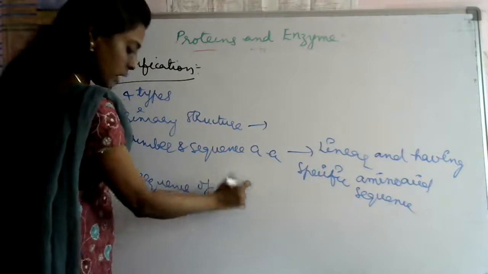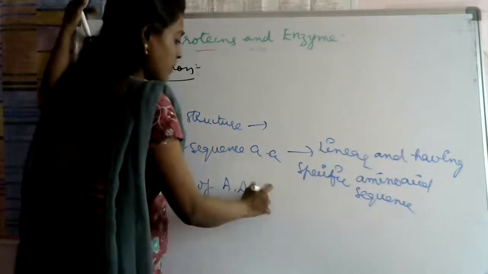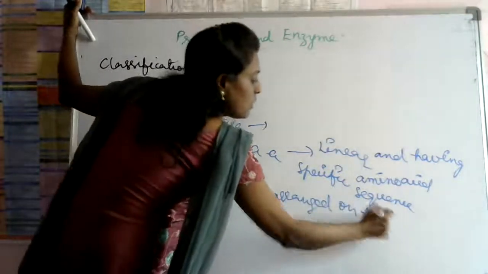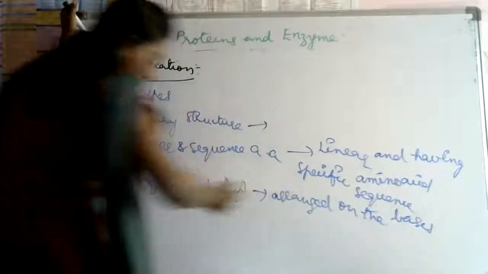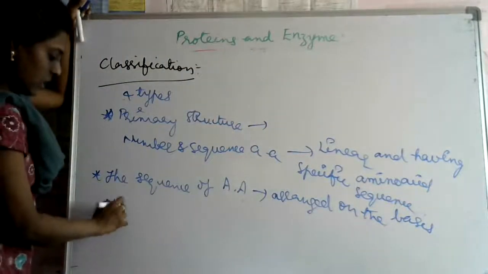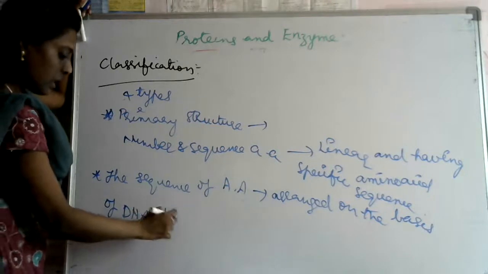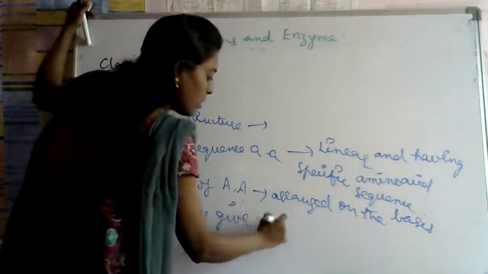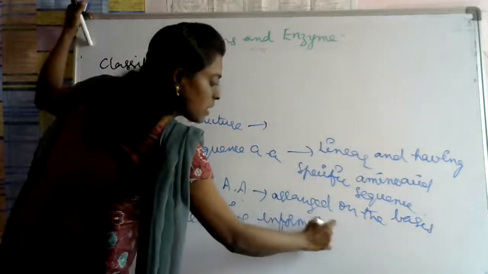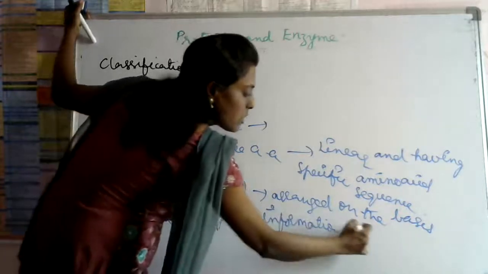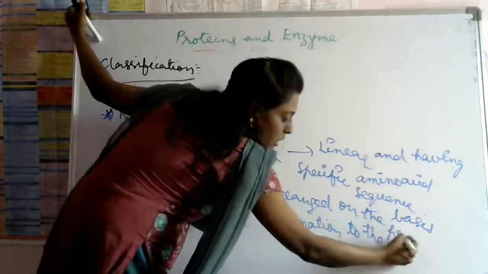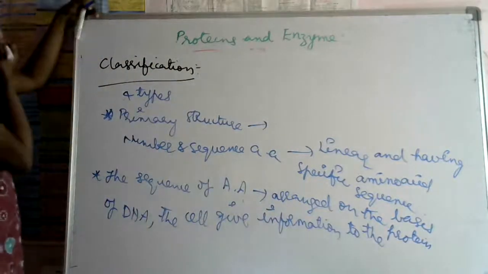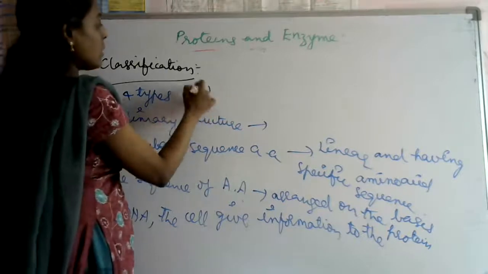So amino acids are arranged on the basis of DNA. The cell gives information to the protein. First, the amino acid sequence is determined by the DNA. So how will it be here? NH2 plus.